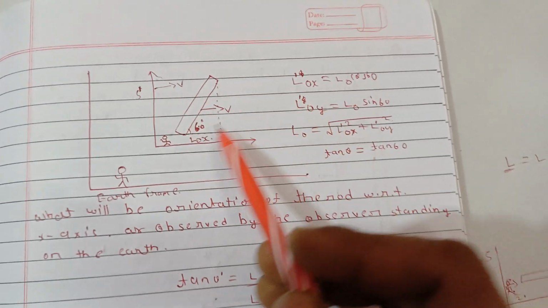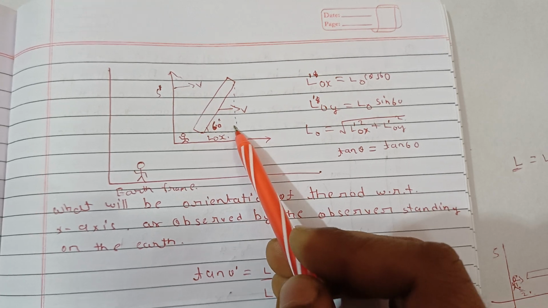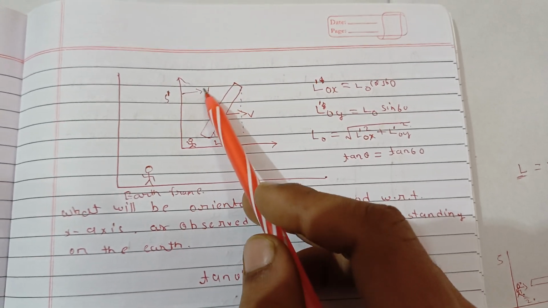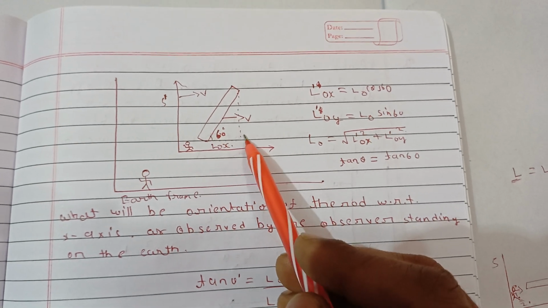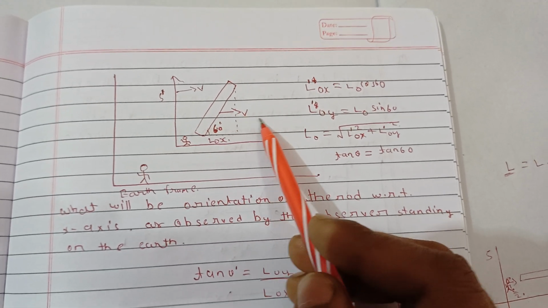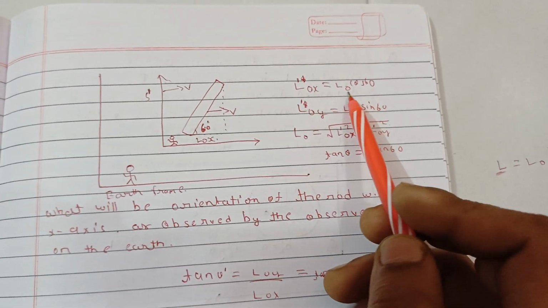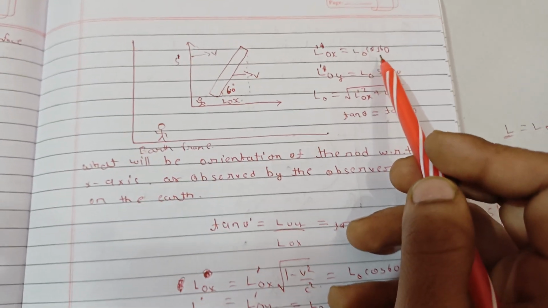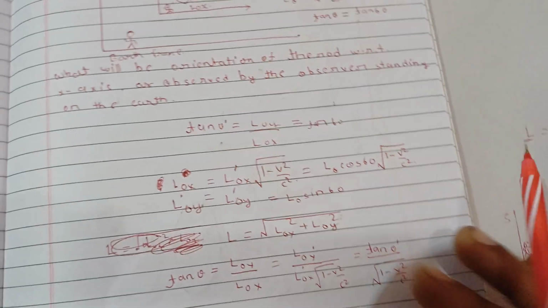We see that if the rod is moving in this direction, then only this length is going to contract, not this. We have seen previously that only this length contracts because it is moving in this direction. So this is L prime ox. This component is going to contract by which factor? We already studied the factor.